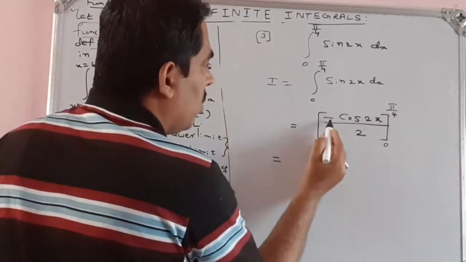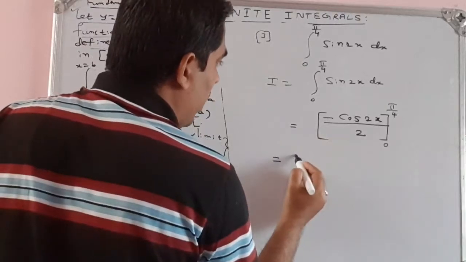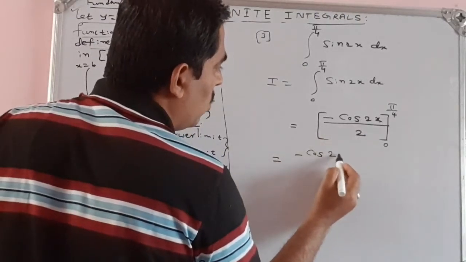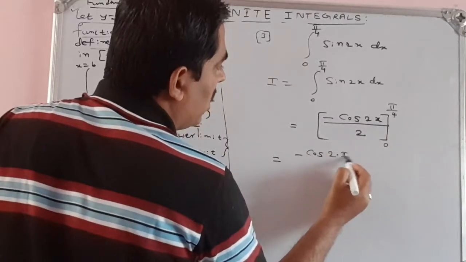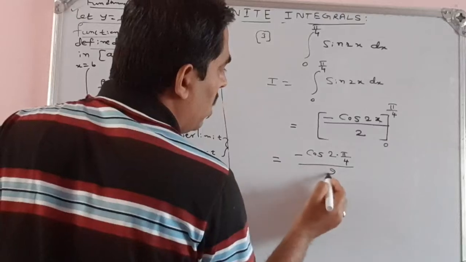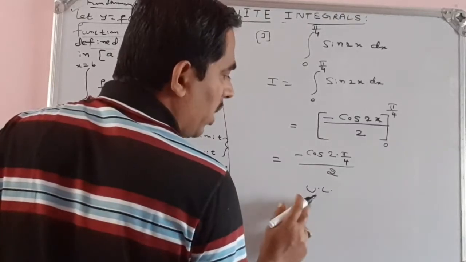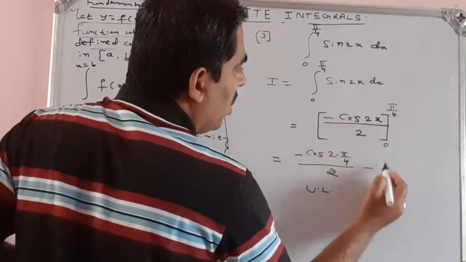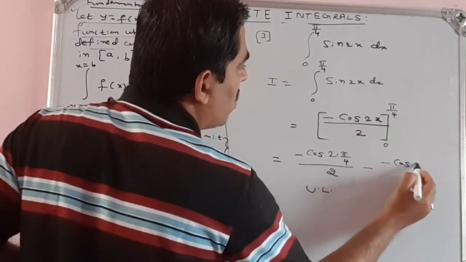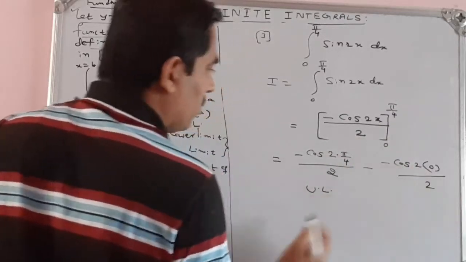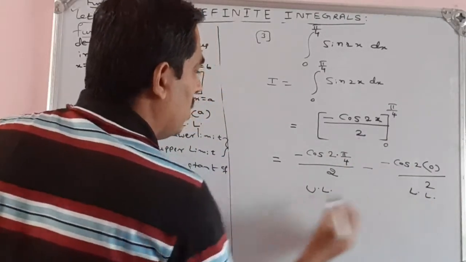So minus cos of 2 into pi by 4, divided by 2. This is the upper limit. Then minus the lower limit. For the same function you take 0. So minus cos of 2 into 0, divided by 2. This is the lower limit.